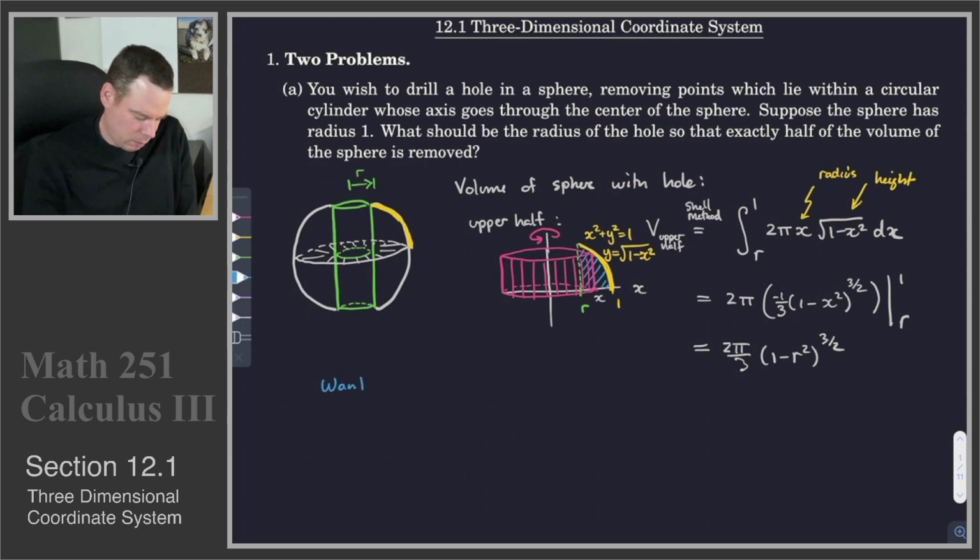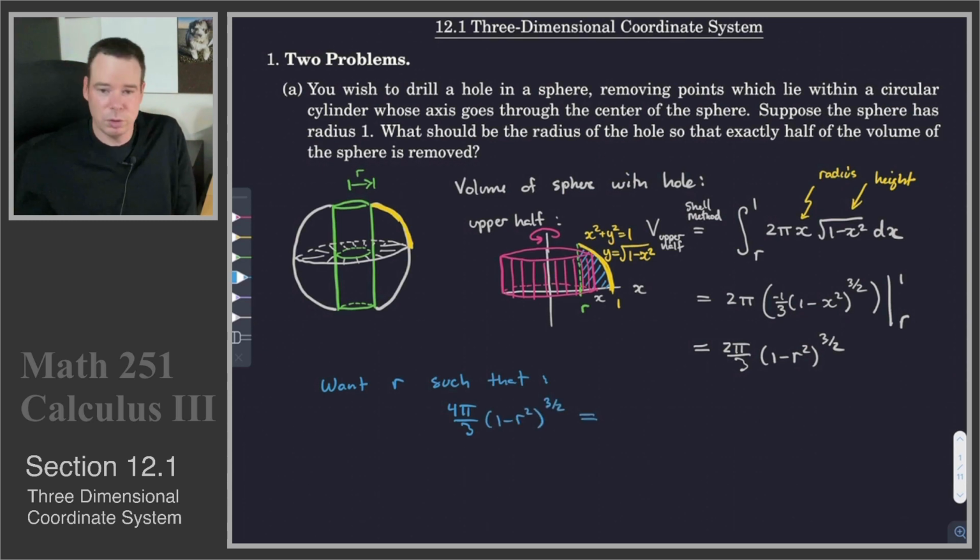We want r such that the volume of the whole thing with the hole removed, which would be twice that we just computed, so 4 pi by 3, 1 minus r squared to the 3/2, is equal to half of the volume of a sphere of radius 1.